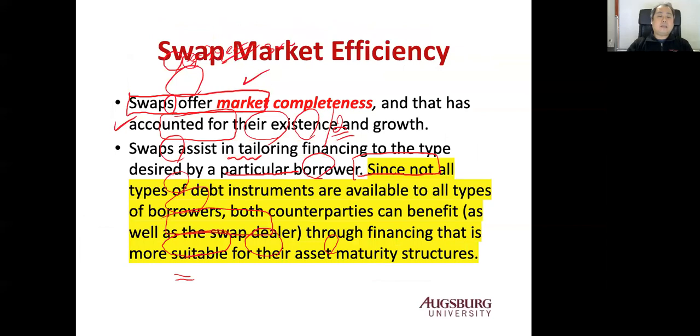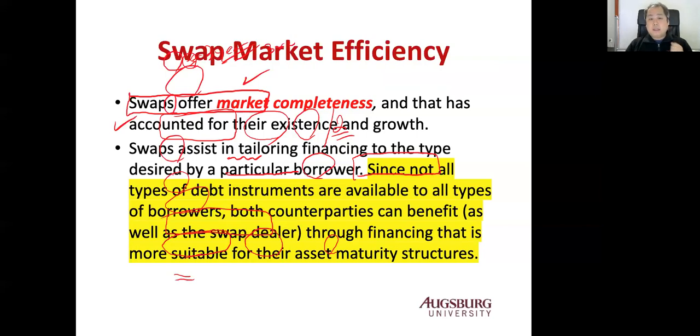The final slide is about swap market efficiency. So we have this price valuation. And the beauty of swaps is that they offer market completeness, because if you cannot find a really rational, good, competitive rate in your country or in your market, then you can actually go to another market and get a competitive price.